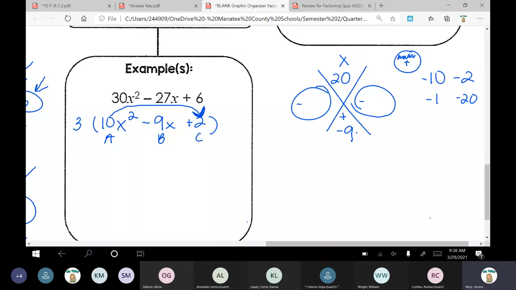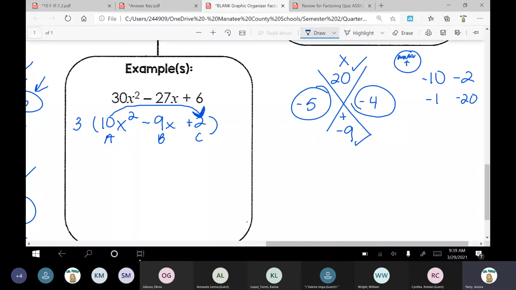Like I said, it doesn't matter. Negative 5 times negative 4. It doesn't matter the order that you write it. Let's see, negative 5 times negative 4 is positive 20. And then negative 5 plus negative 4 is negative 9. So yep, that's our winner, the negative 5 and the negative 4.